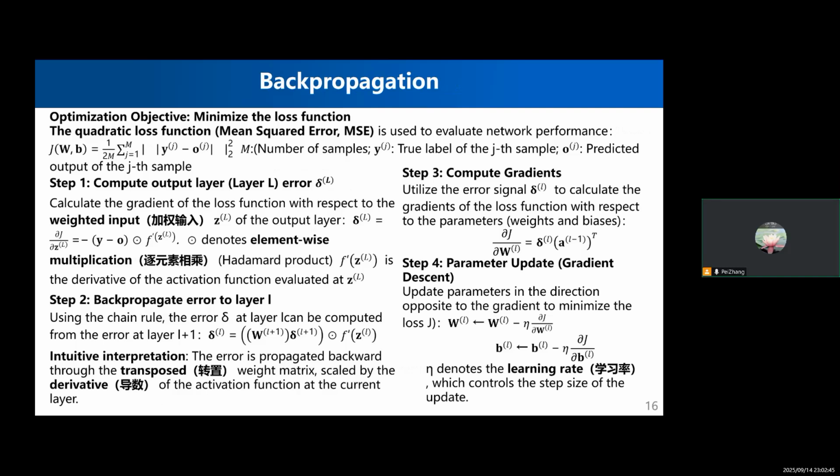The objective function for the optimization is to minimize the loss function. The loss function, usually the mean square error, is used to evaluate the network performance. The backpropagation includes 4 steps. The first step is to compute the output layer error, calculating the gradients of the loss function with respect to the weighted input.